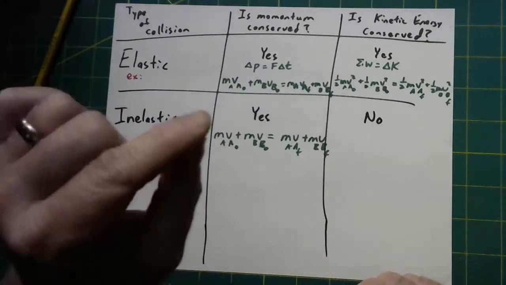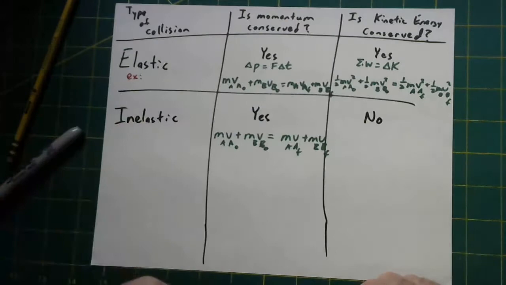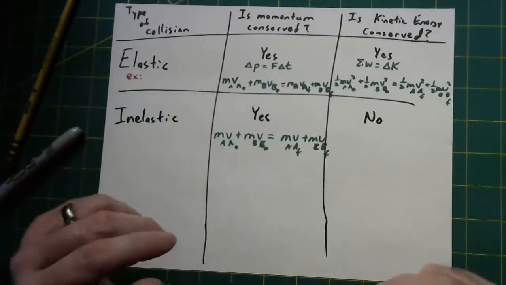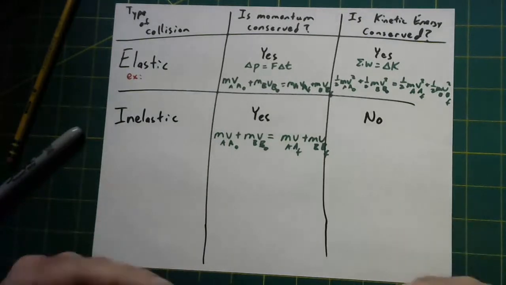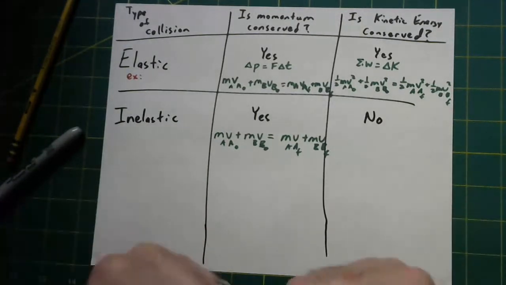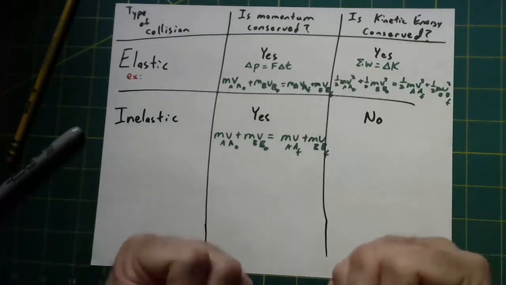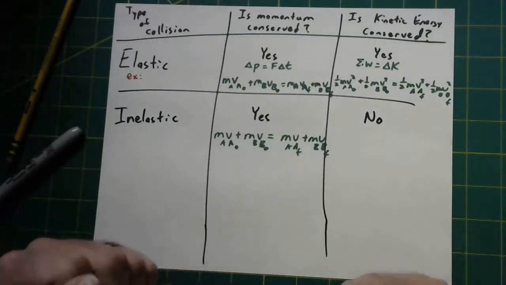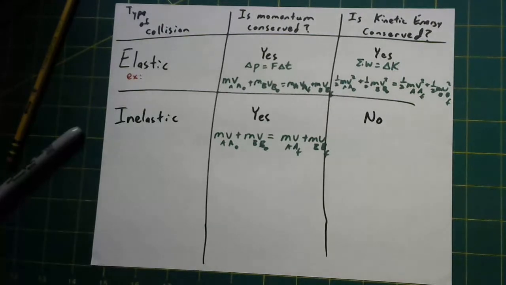If I had fundamental particles, like protons and quarks and leptons colliding, well, those are little fundamental particles. They don't really have an internal structure to wiggle and jiggle. Those quarks and leptons. So then I could imagine that collisions between those would be elastic.